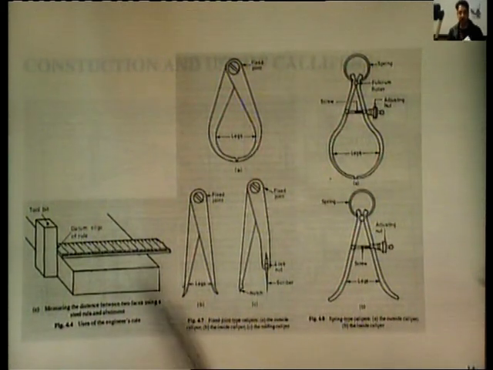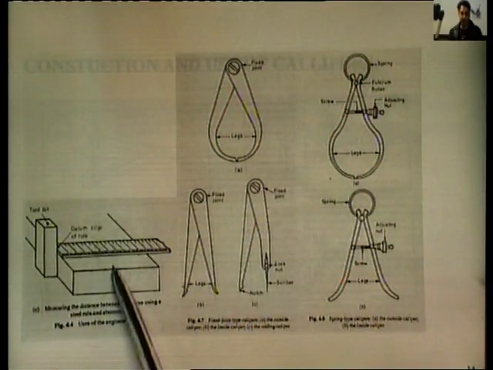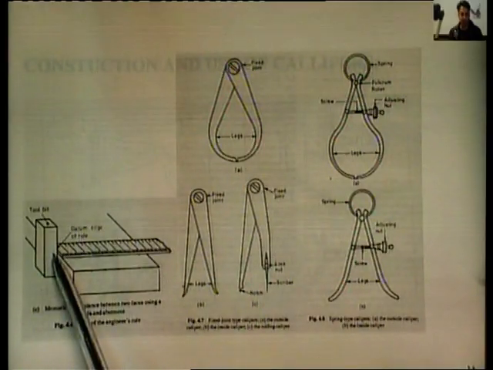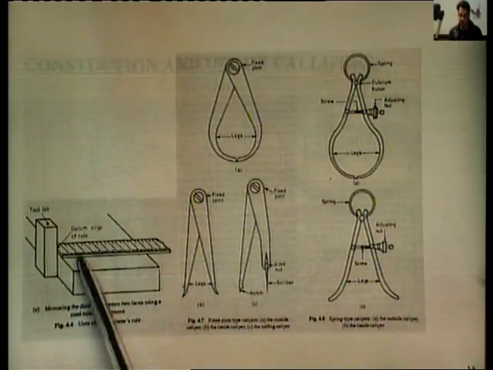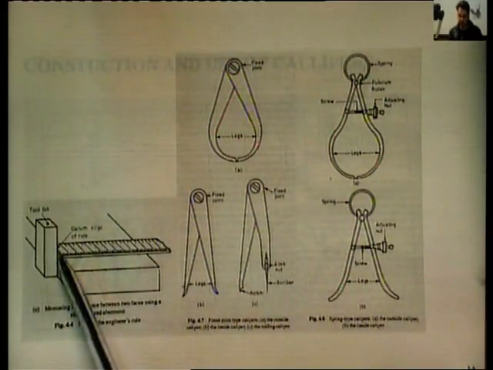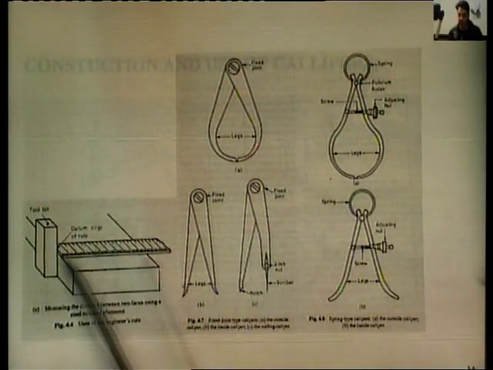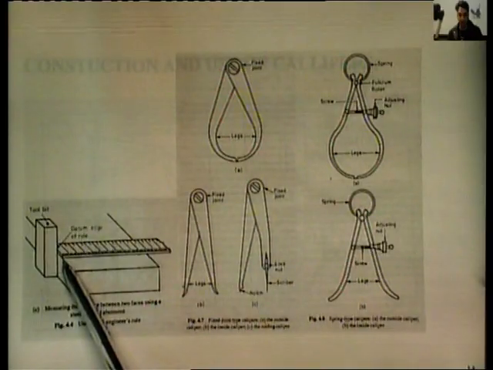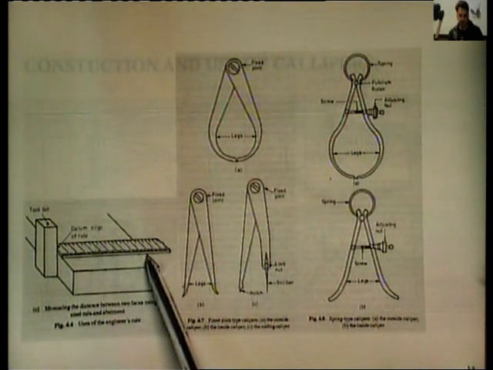So, in this figure we have measurement being taken over here by a scale. It has been butted with this small piece, which is in contact with this face, so that this scale butts over here on this end, so that we get a proper reading, so that the scale is placed on the right place on the left hand side, and on the right hand side we are taking the line measurement.